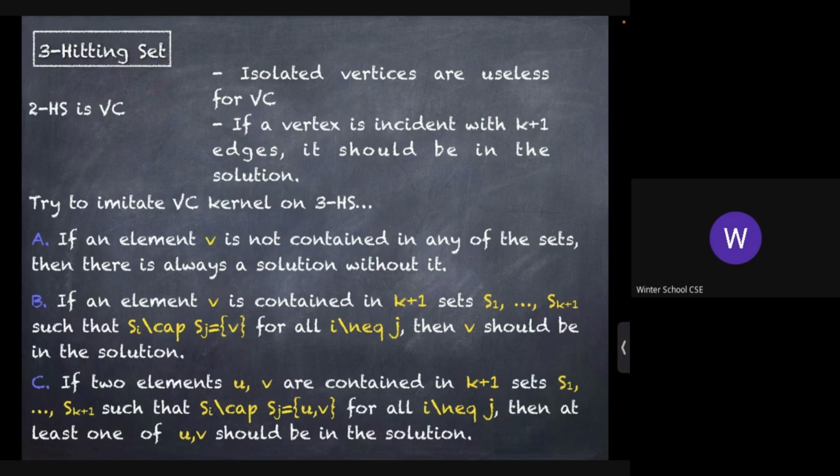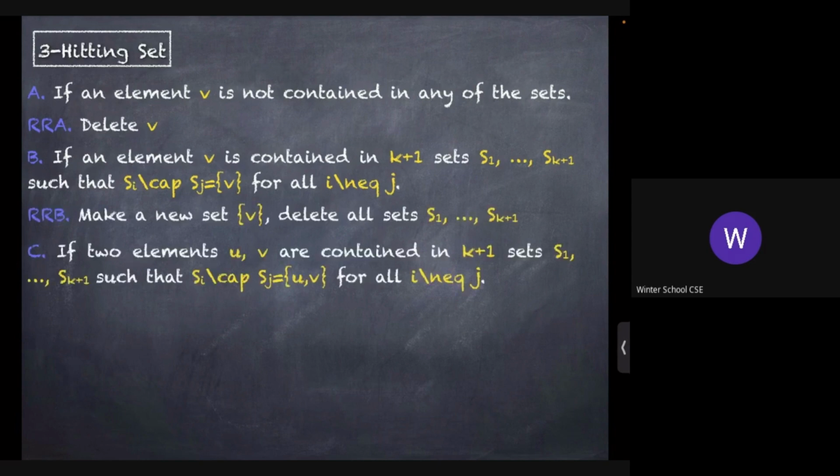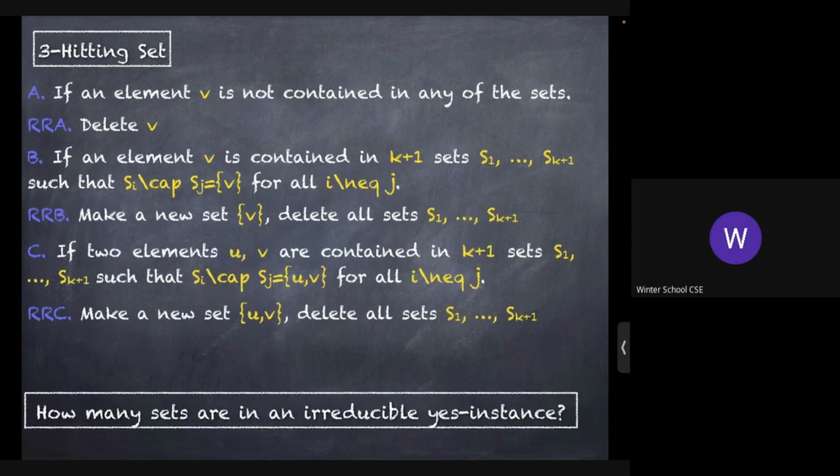Yes, but unfortunately I need to do a bit more. If I have an element which is contained in k plus 1 sets, then I know that this should be in the solution, and if I have two elements which are contained in k plus 1 sets, then also at least one of them should be in the solution. Okay, I can even make reduction rules.